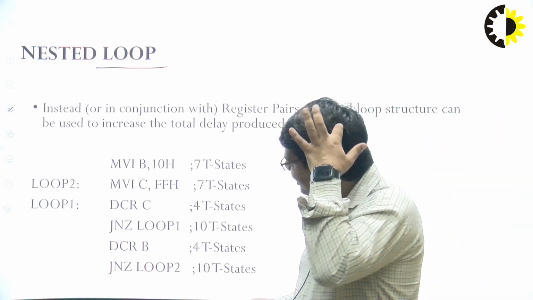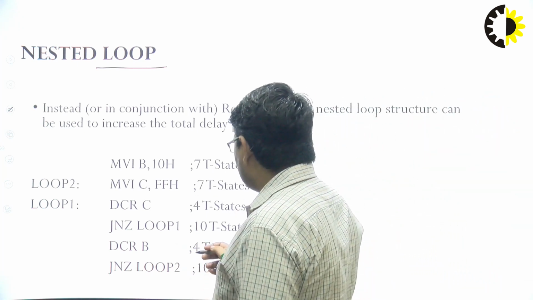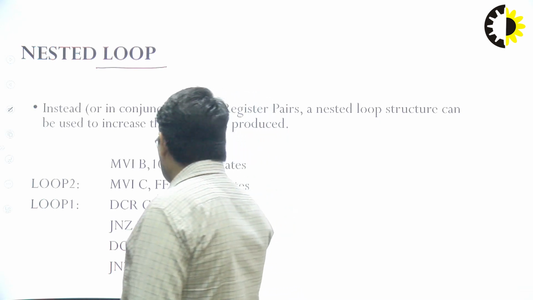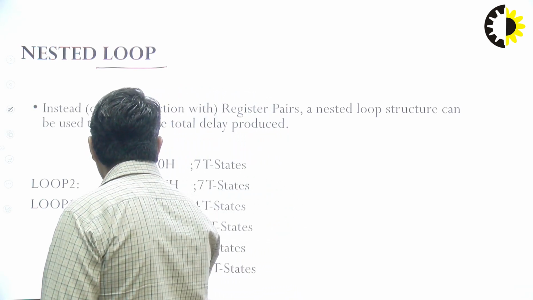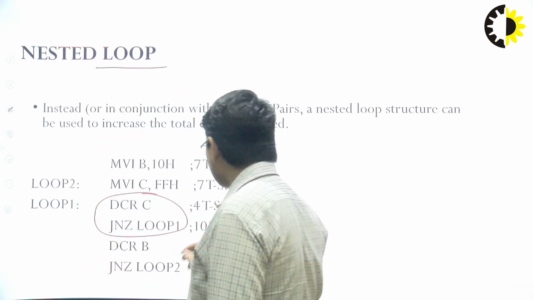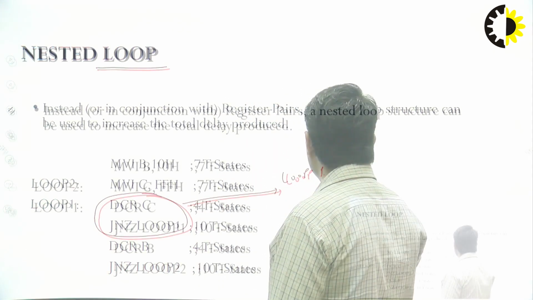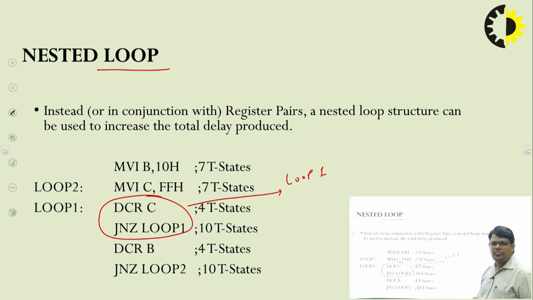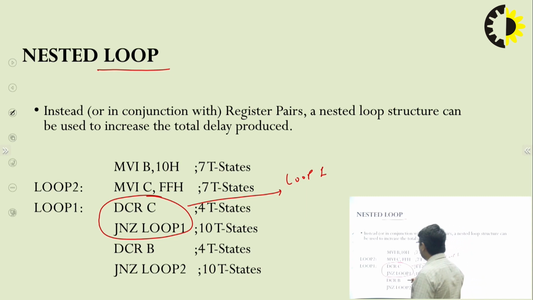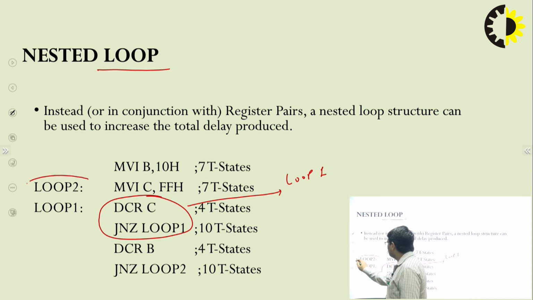So we can see that this is the inner loop, loop 1, and this is loop 2.